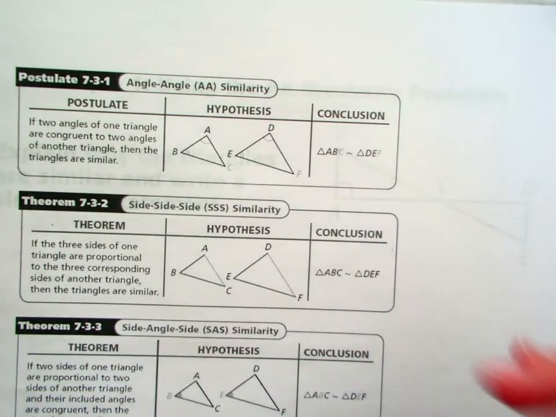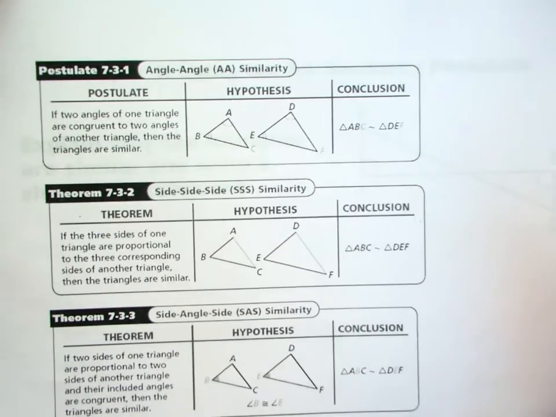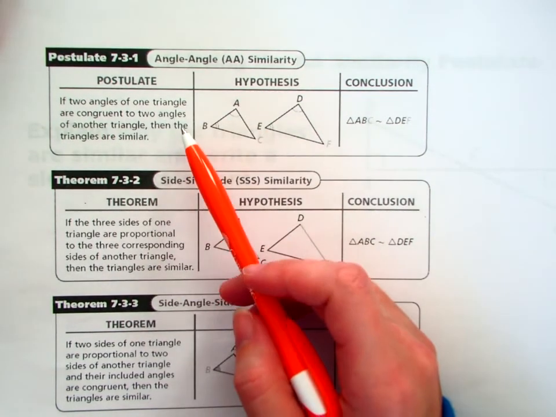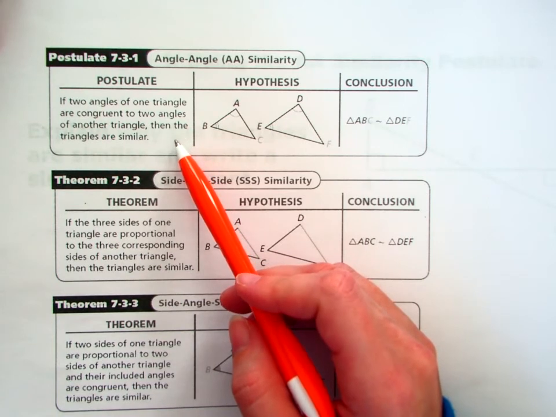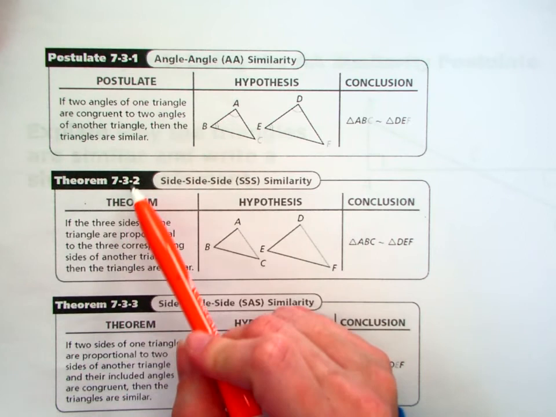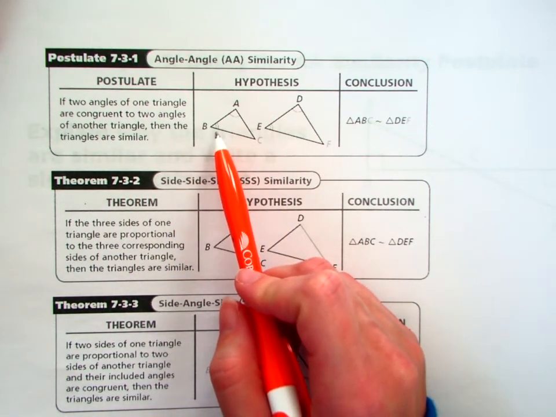If we look at our three postulates or theorems for this particular lesson, let's evaluate what could cause us to say two triangles are similar. The first postulate says that if two angles of one triangle are congruent to two angles of another triangle, then the triangles are similar.